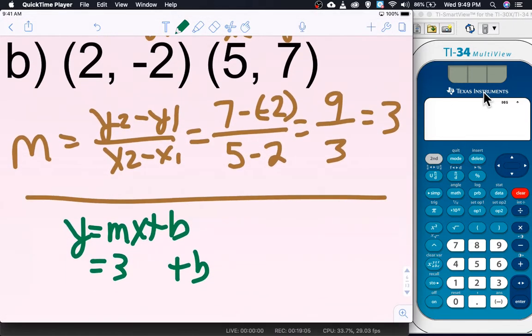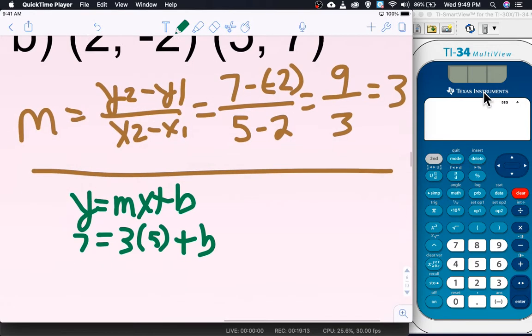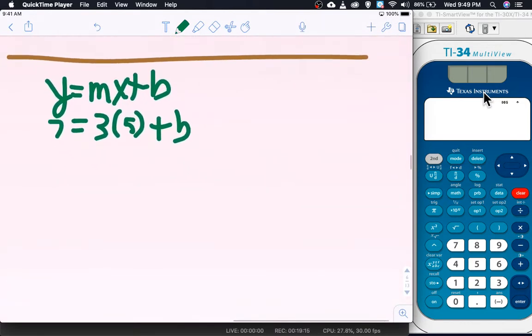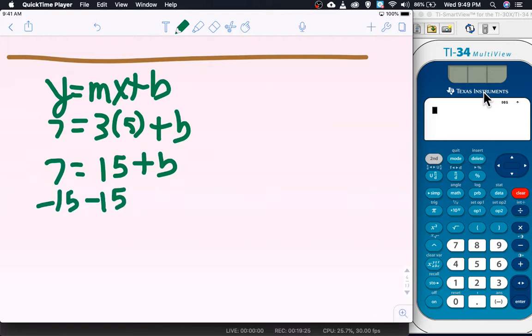And you know what? I'm going to choose the 5 and the 7 because they're both positive. Why not? Why deal with a negative number if I can deal with positive numbers? I don't care that the number is going to be a little bit bigger. I would rather do this math with positives in my head. So 3 times 5 is 15. If I subtract 15 on both sides, I'm going to get, it looks like, a negative 8.